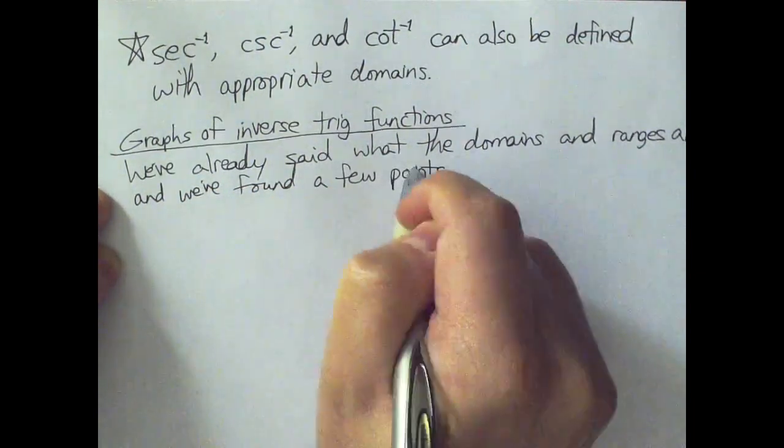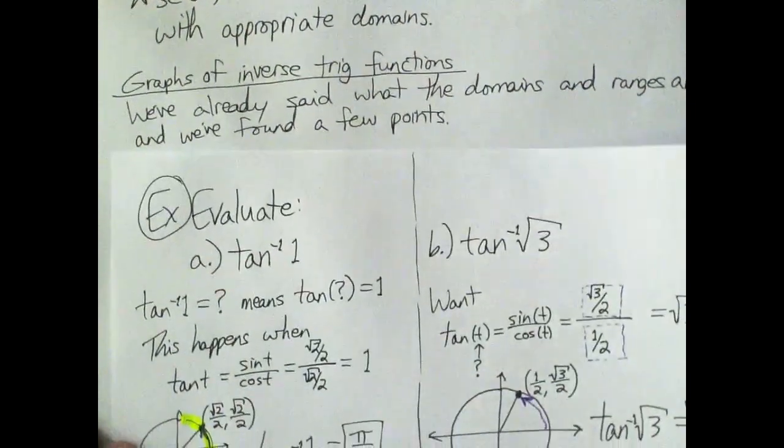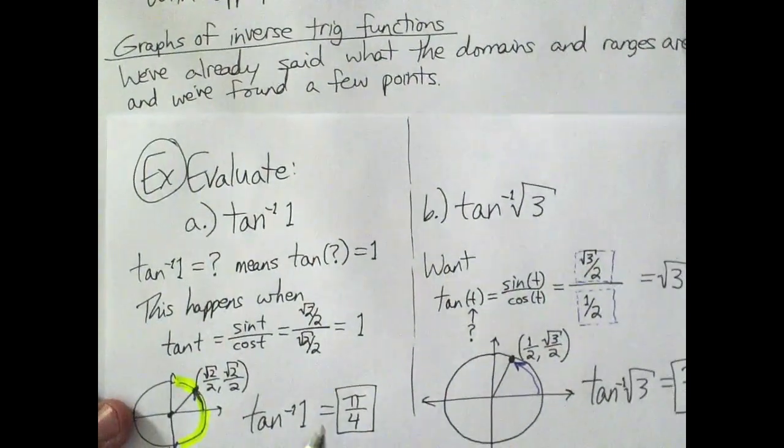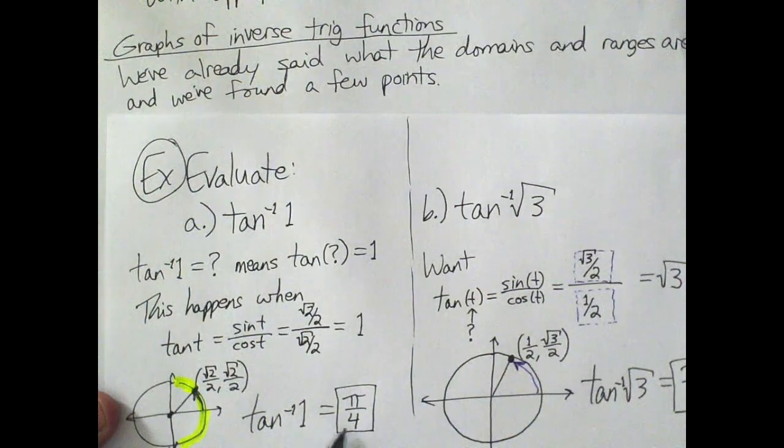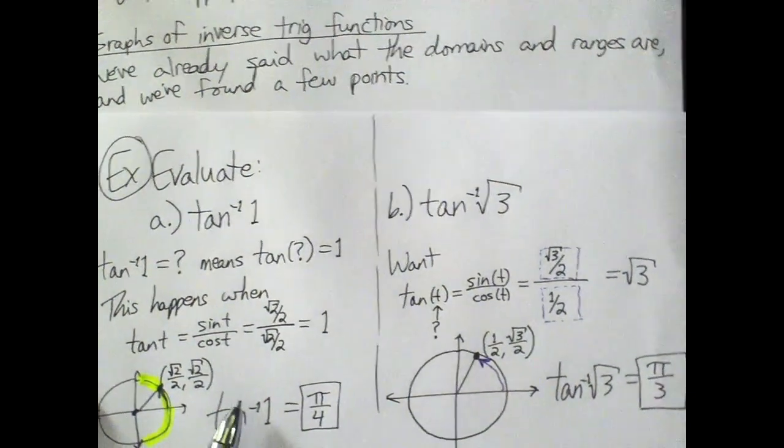Just over the course of this lesson, as we did example problems, you could say that (1, π/4) is a point on the graph of inverse tangent.